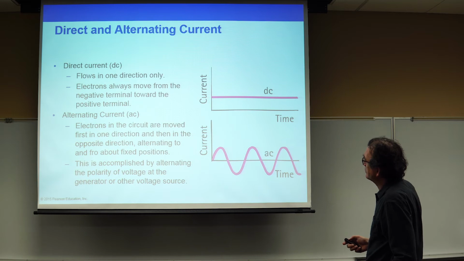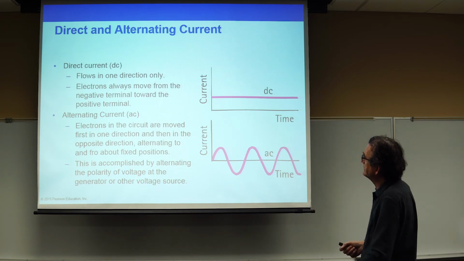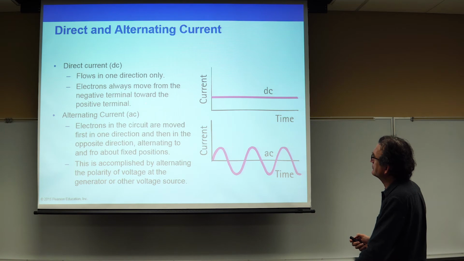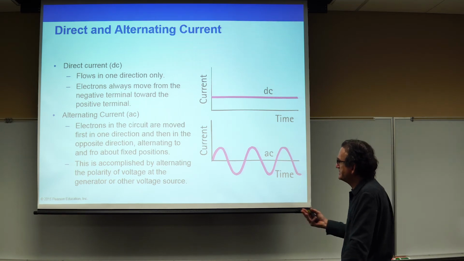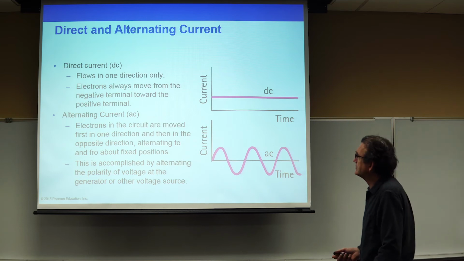In this case, the current flows only in one direction, the direction that's given by the polarities on the battery that the ends of the wires are connected to. Electrons always move from the negative terminal towards the positive. Opposites attract, like charges repel. This defines the direction of electrons in the circuit.